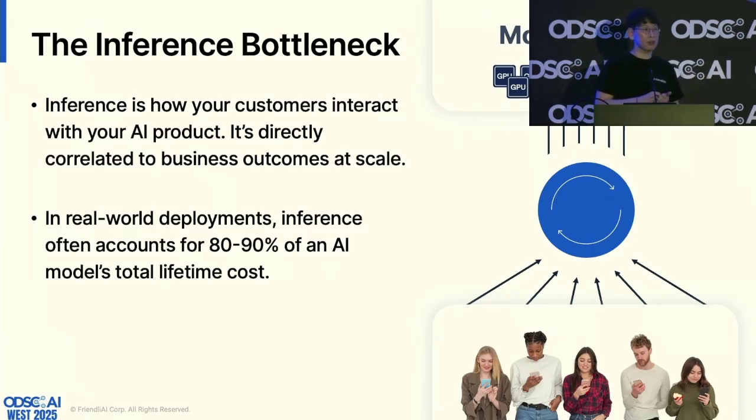Every single token generated requires GPU cycles. At scale, this adds up to billions of GPU seconds per day. In real-world deployments, inference often accounts for 80 to 90% of an AI model's total lifetime cost. So improving inference is hugely impactful.